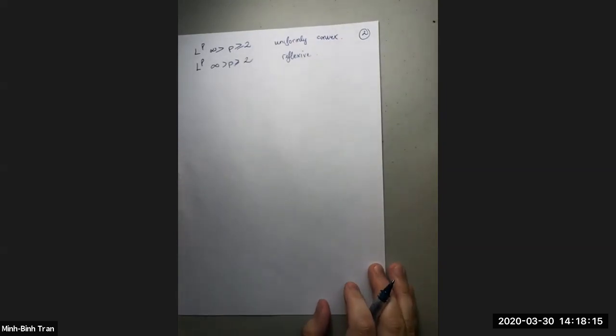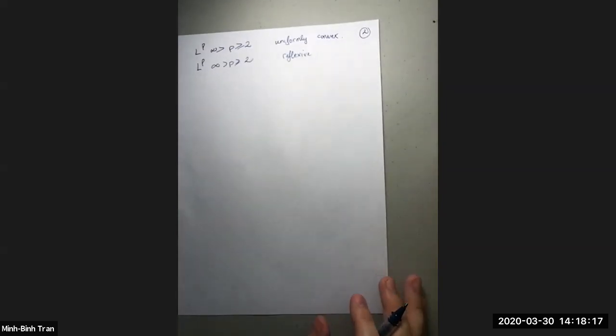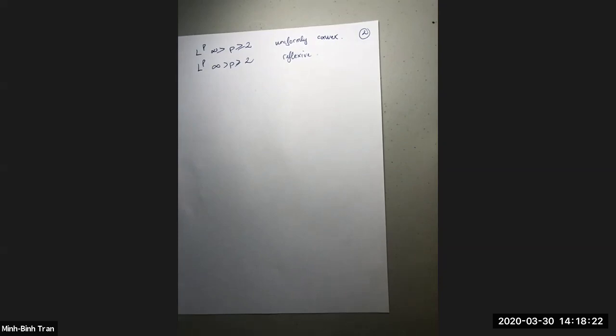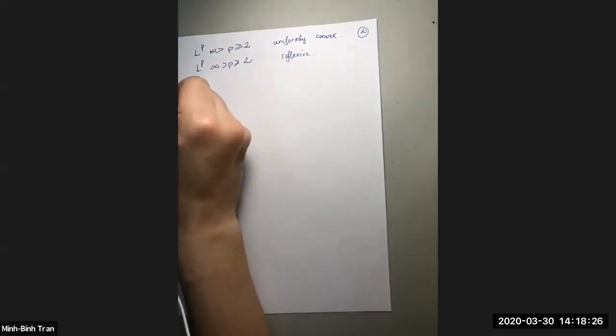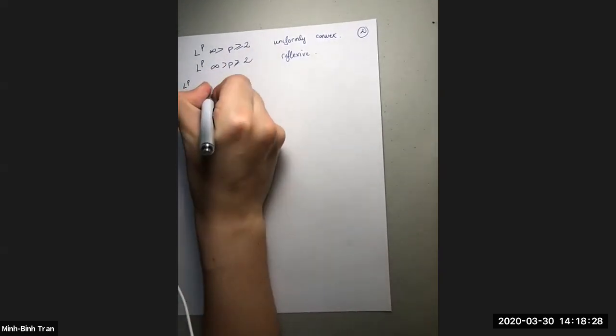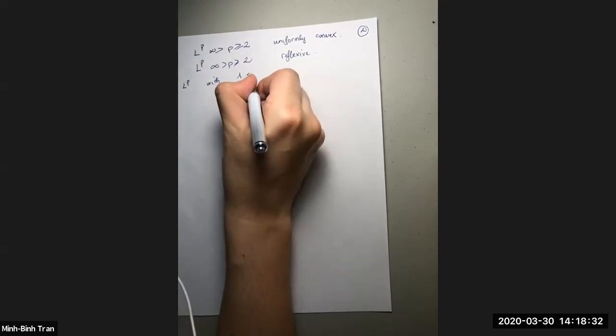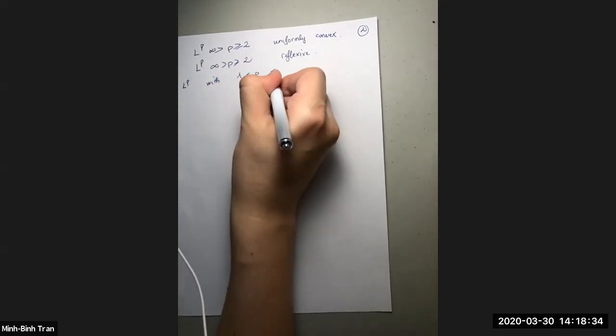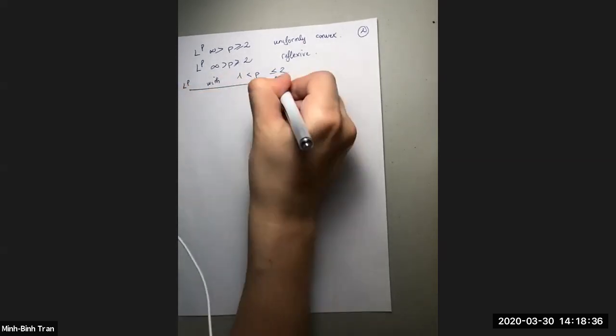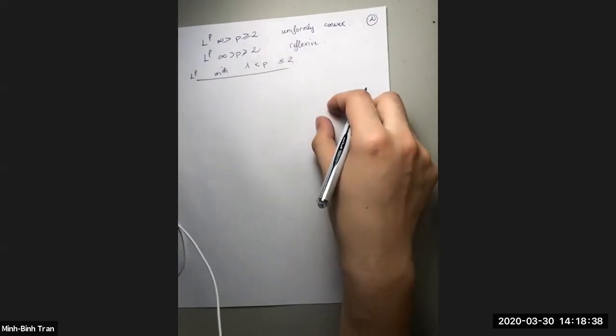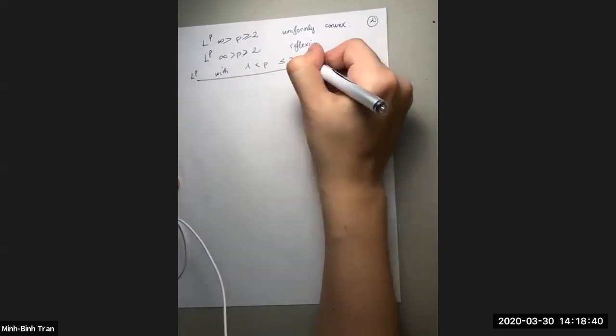All right. So what happens for L^p with p smaller than 2 but bigger than 1? My answer for you is that they are also reflexive.